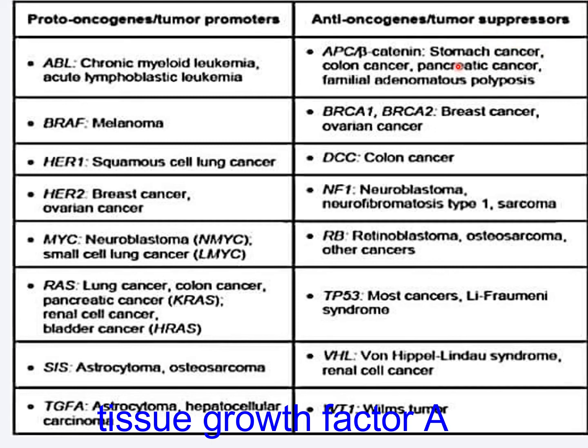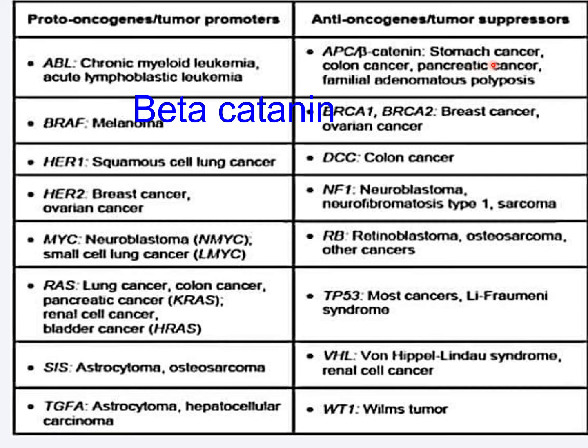While for tumor suppressor genes, we have the APC gene, which has different subtypes. For example, beta-catenin, found in stomach carcinoma, colorectal cancer, and pancreatic cancer, and also in familial adenomatous polyposis coli.